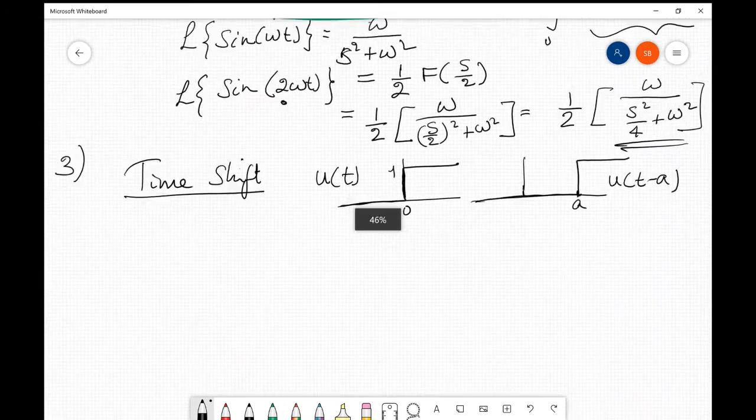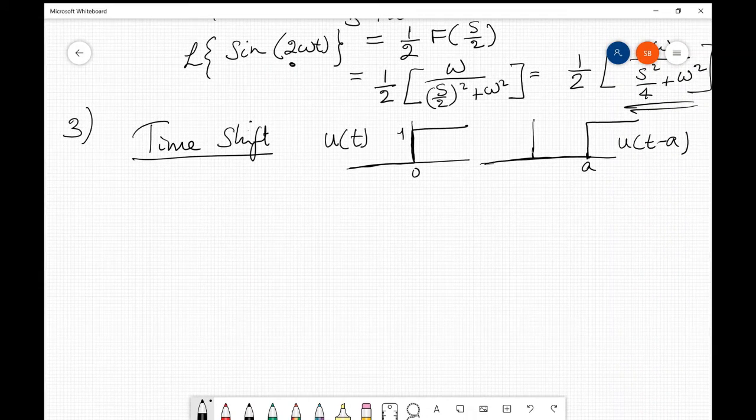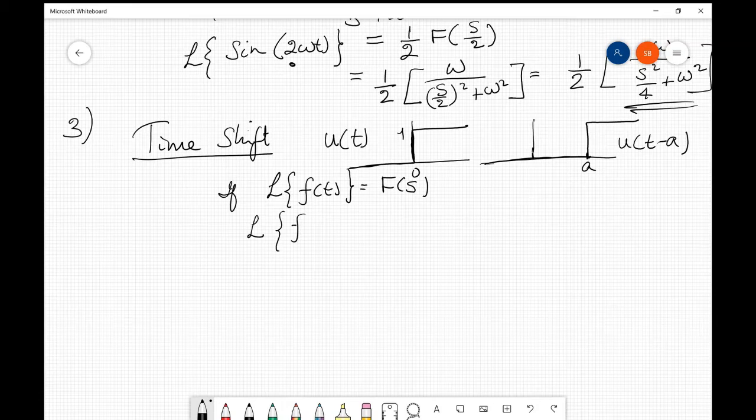So that is time shift. If the Laplace transform of a function f of t is given by F of s, then the Laplace transform of the time shifted function f of t minus a is going to be the frequency domain function F of s multiplied by e raised to minus as.